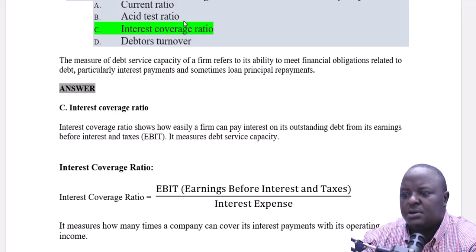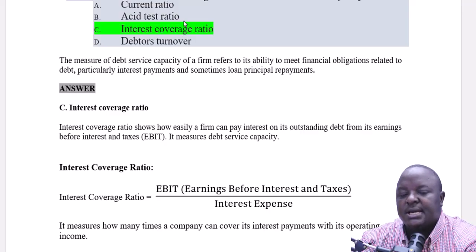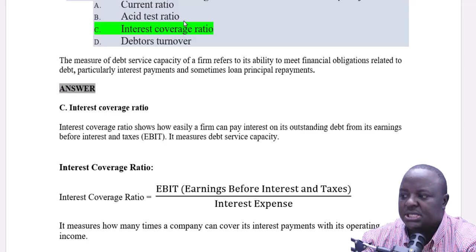Now, when you talk about the measure of debt service capacity of a firm, this refers to its ability to meet financial obligations related to debt, particularly the interest payments and sometimes the loan principal repayment.